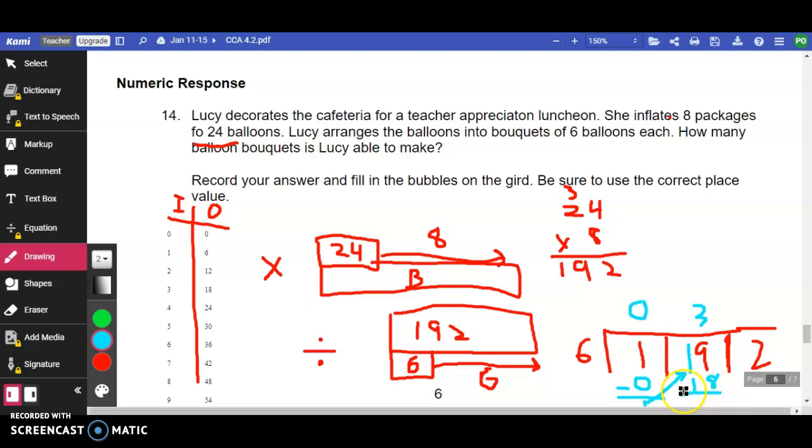Which will leave me 1 left over, which I regroup. Okay, 12. 12 can be divided by 6 exactly into 2 groups. 12 minus 12 equals 0. So, I can make exactly 32 bouquets.